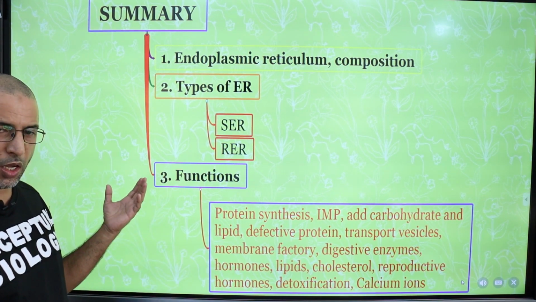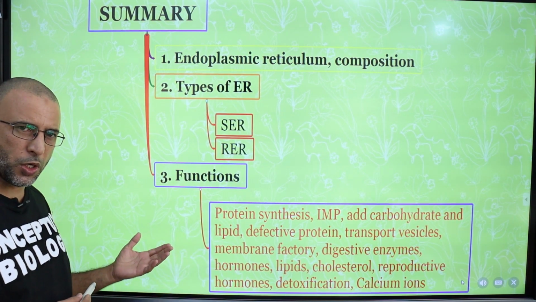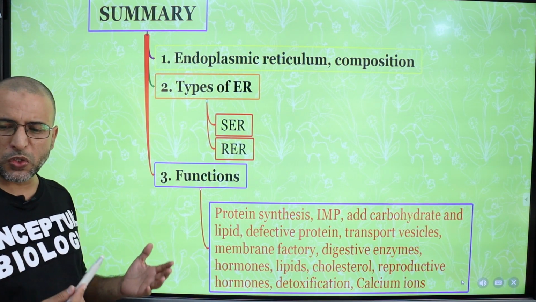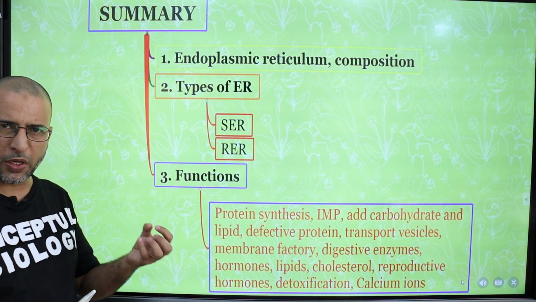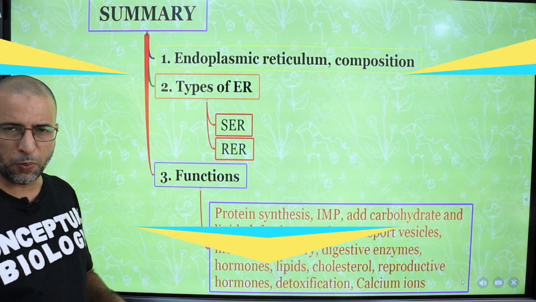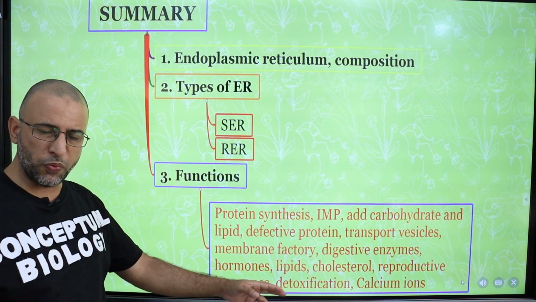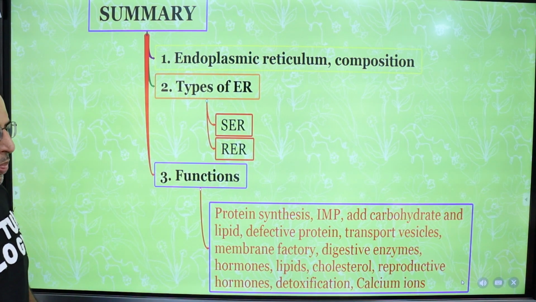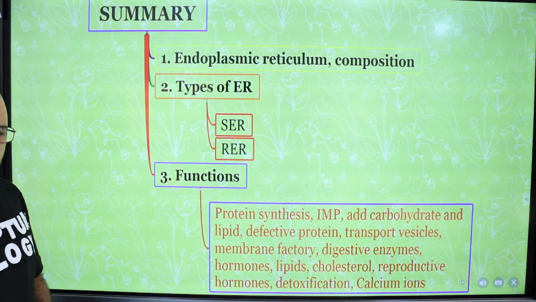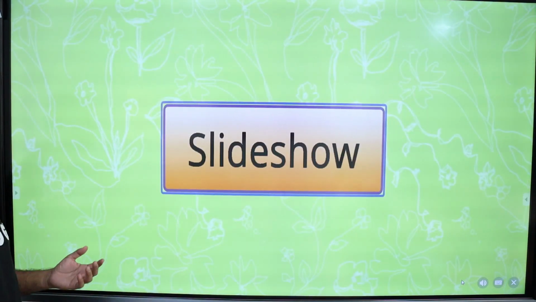Hormones are produced with the help of endoplasmic reticulum. Cholesterol is synthesized by smooth endoplasmic reticulum, and cholesterol is used as a precursor, starting material, for the synthesis of steroid hormones. Smooth endoplasmic reticulum is also involved in the detoxification of toxic substances, and it stores calcium ions. Let's watch this slideshow.